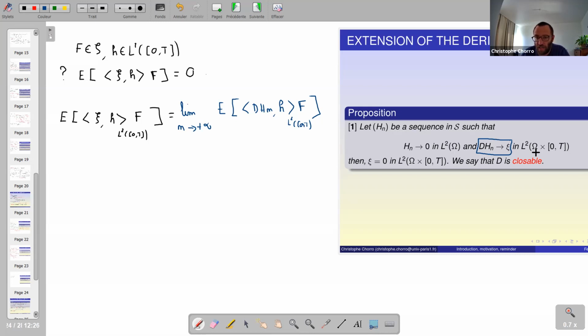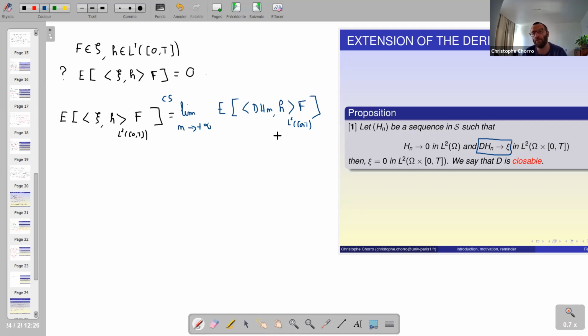This is just a basic application of the Cauchy-Schwarz inequality, from the fact that this one converges towards C in L2 of the two variables.